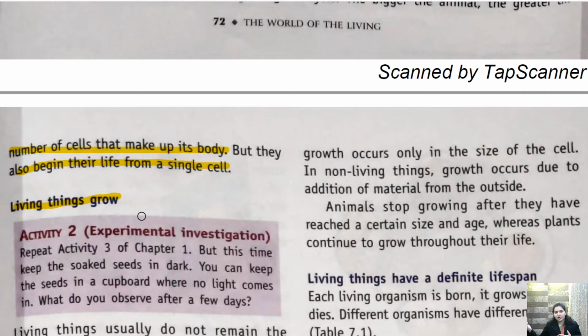Getting my point? Similarly, animals. A dog was a small puppy. So this small puppy grows into a big dog. Okay? So all living things grow.